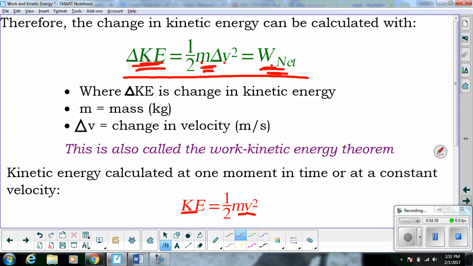If I take the kinetic energy at one moment in time, and I know that object's velocity, it is 1/2 times the mass times the velocity squared. Pause the video here. Make sure you have those equations written down in your notebook and define your variables, because you're going to be using those equations quite often for the rest of this unit.